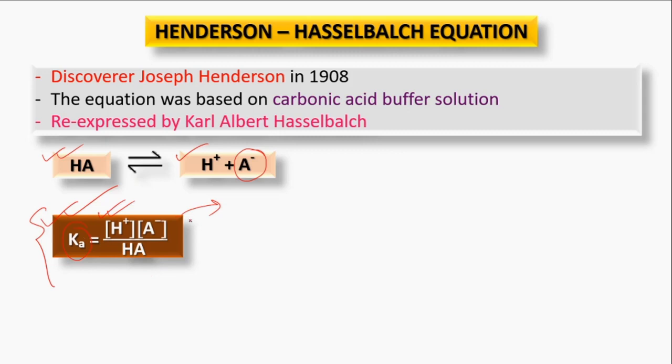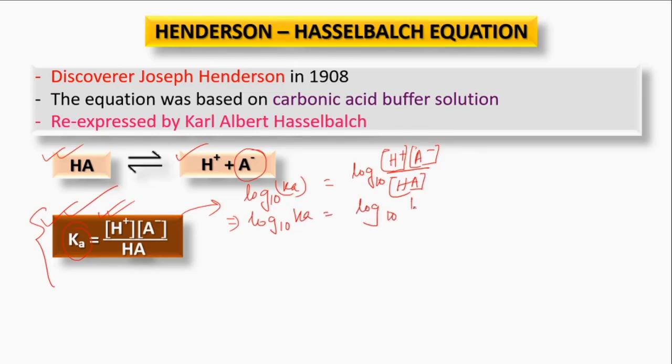And if we operate log on both sides, we can get log, obviously base 10, Ka equals log of H plus times A minus by HA. It would be the concentrations of these substances. Next, log10 Ka equals, we can write in this way, log10 H plus plus log A minus by HA.